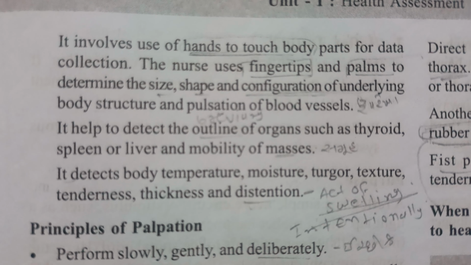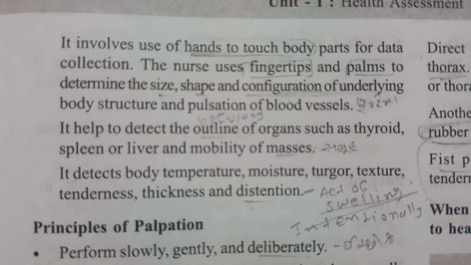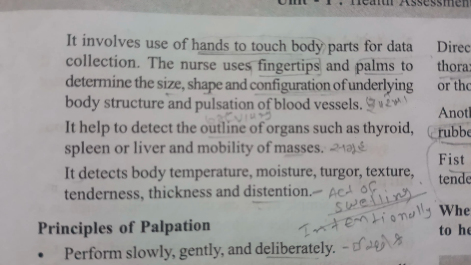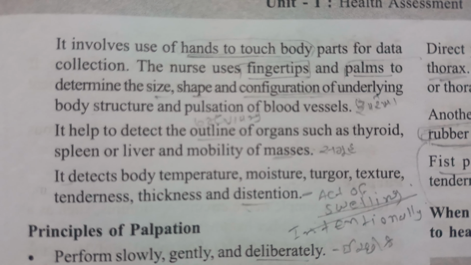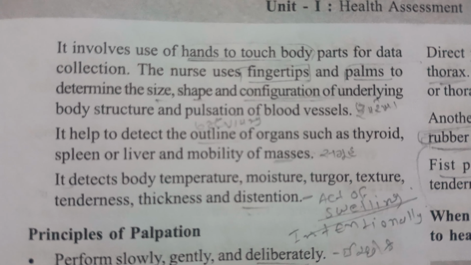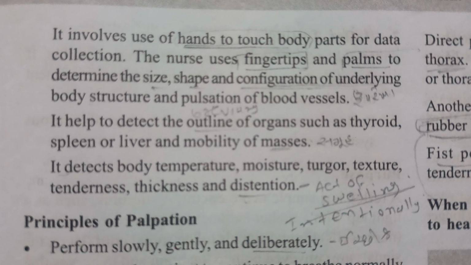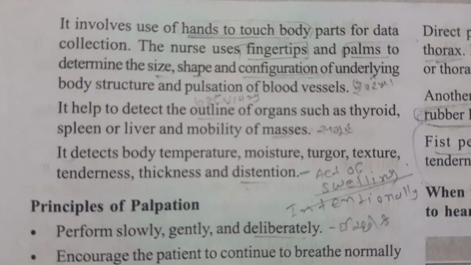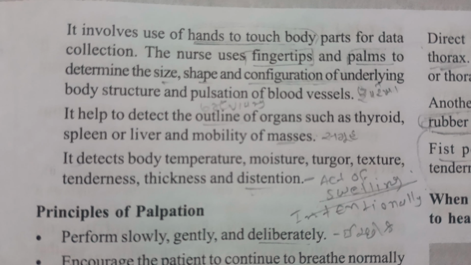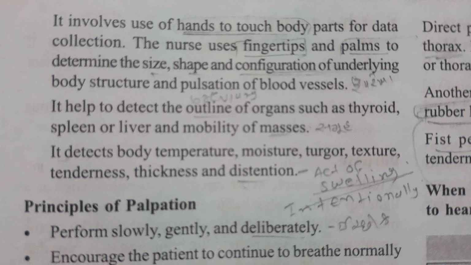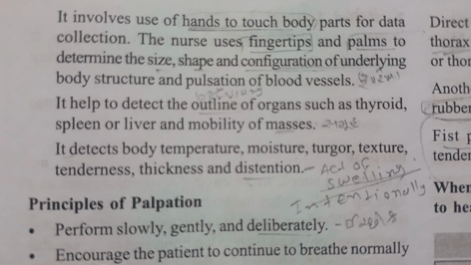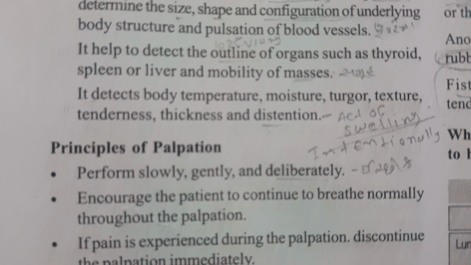The nurse uses fingertips and palm to determine the size, shape, and configuration of underlying body structures and pulsation of blood vessels. It helps to detect the outline of organs such as the thyroid, spleen, or liver, and mobility of a mass. It detects body temperature, moisture, turgor, texture, tenderness, thickness and distension.